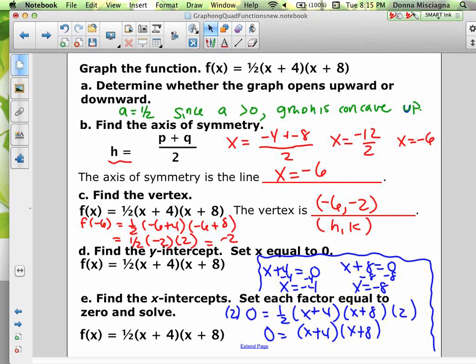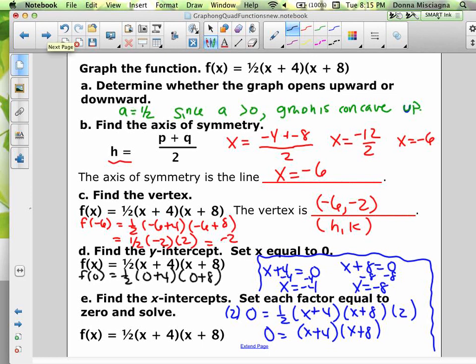The last thing we need is the y-intercept. To find the y-intercept, we're just going to plug in 0 for x. So you can see I didn't need very much room for the y-intercept. f of 0 is 1/2 times 0 plus 4 times 0 plus 8. Other than standard form, which you can figure out just by looking at the equation, when you're finding your y-intercept, you'll always just plug in 0 for x.